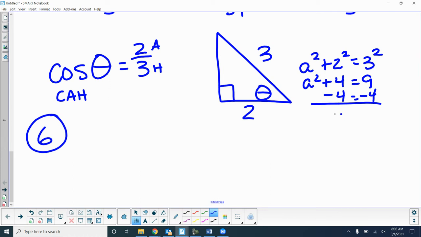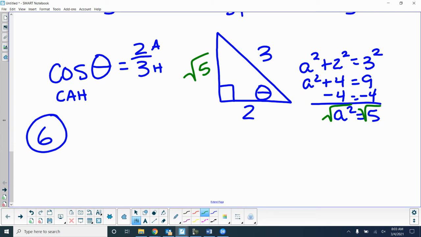Subtract 4, A squared is 5. And then remember, you have to take the square root. So this is the square root of 5. So there's my 3 sides. Just leave it like that. Don't give me 2.1 or whatever it is, 2.2. Leave it in radical form.